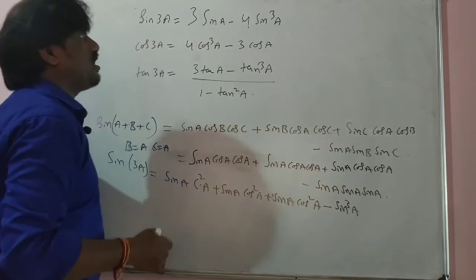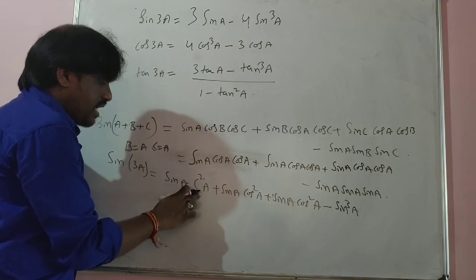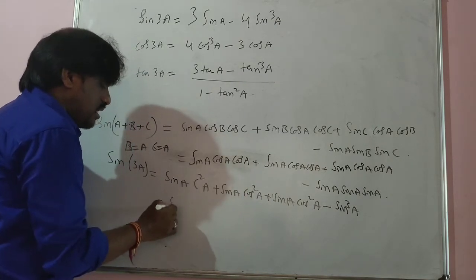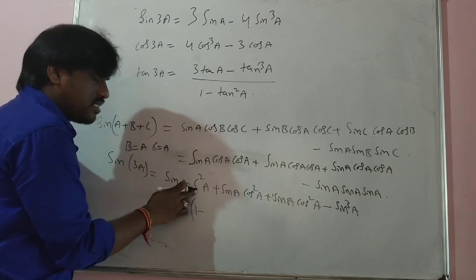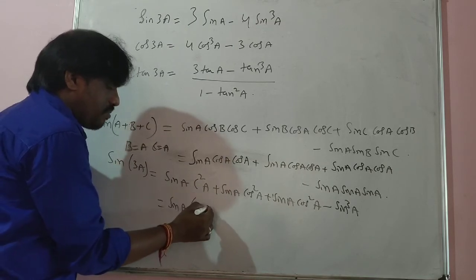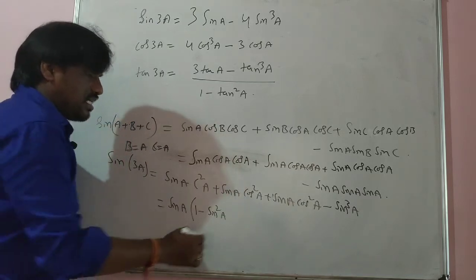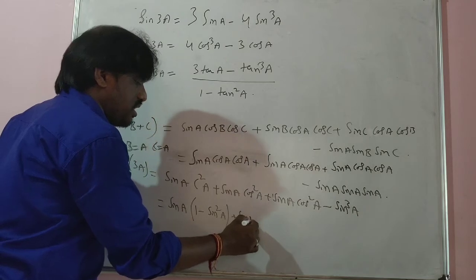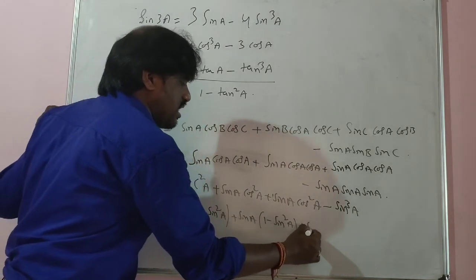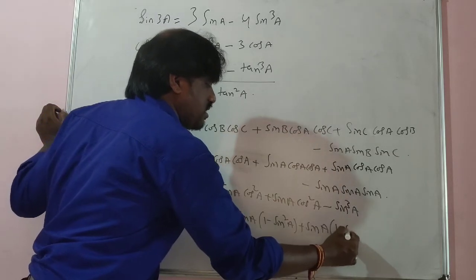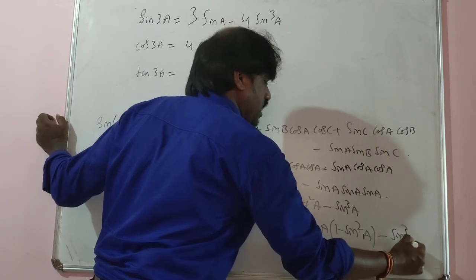Okay, so cos square a I can write as 1 minus sin square a. So sin a into 1 minus sin square a, plus sin a into 1 minus sin square a, plus sin a into 1 minus sin square a, minus sin cube a.